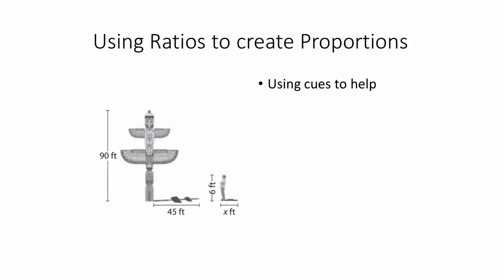And so we can use these two different things. So the way that we can set up a ratio, or at least start to set up a proportion, is we can talk about the actual height. So you notice what I'm doing here is I'm setting up a particular scenario that I'm going to compare everything to. So the actual height, and I'm going to compare that to the shadow's length.